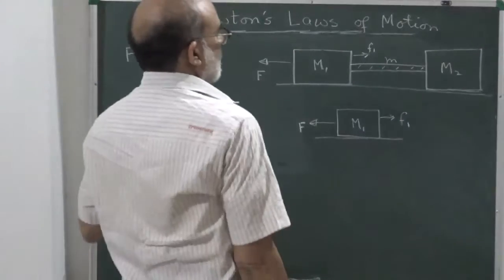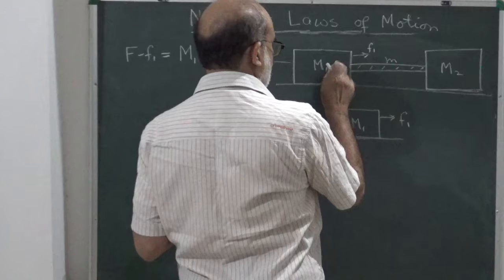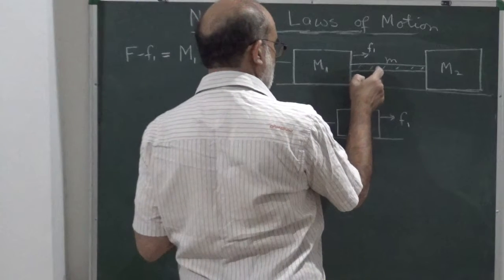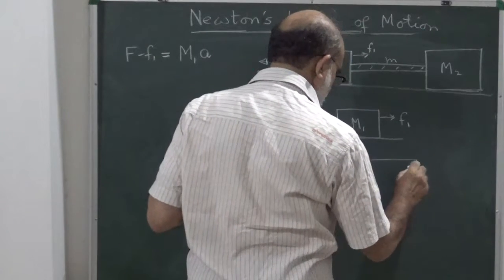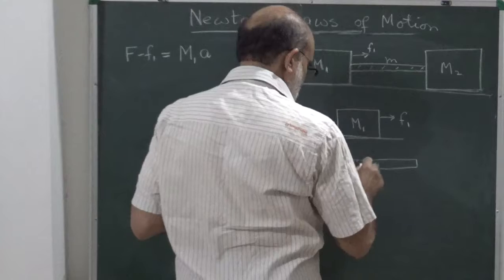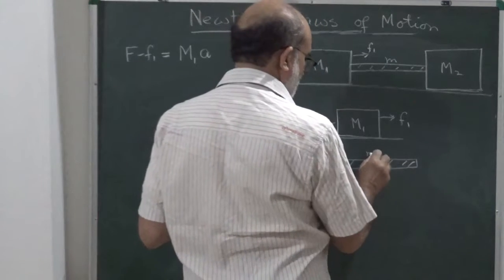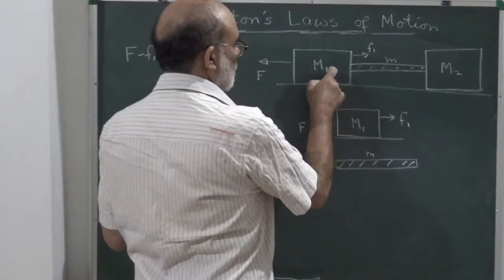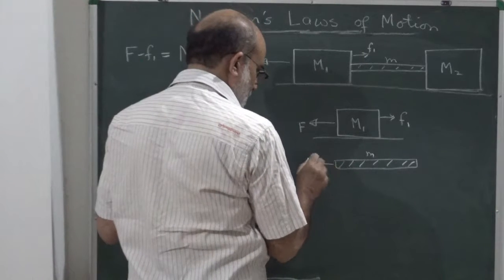Now, since the rope is pulling this mass, the mass must also pull the rope with some force. Suppose this is the rope. We have isolated this from the surroundings, and let m1 push the rope by some force F2.